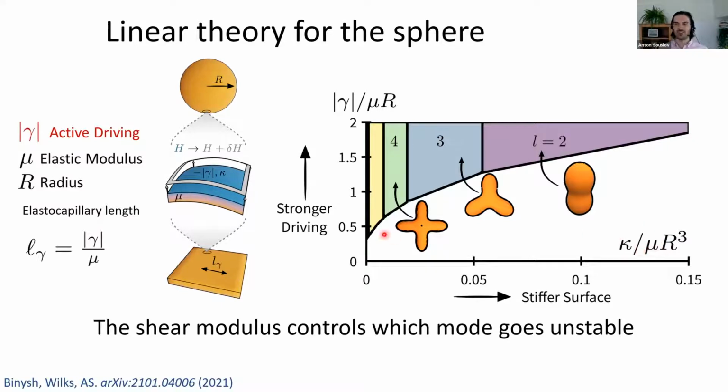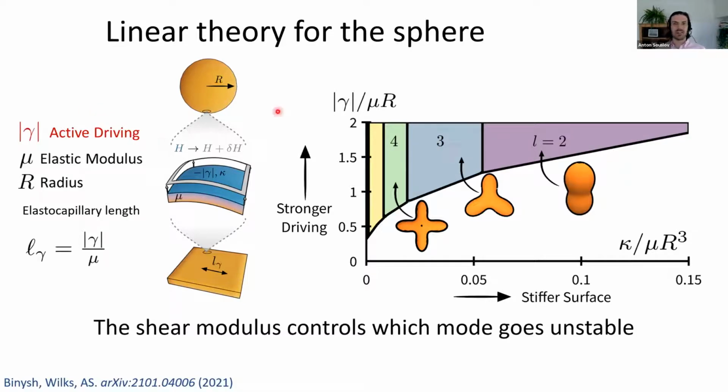And their ratio is what determines this horizontal axis. For the vertical axis, you instead have this active component. So when the surface goes unstable, the activity you need to destabilize this entire solid will depend on your active driving.